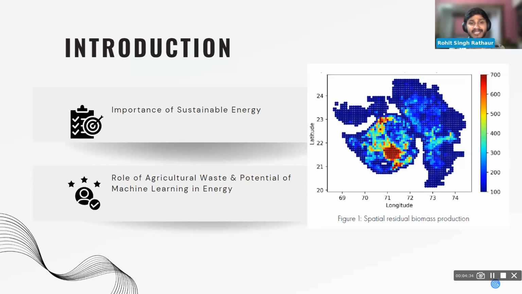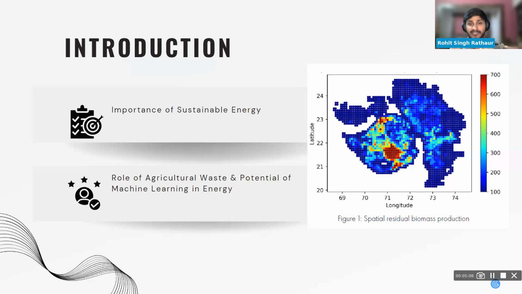Now, while the concept of converting agricultural waste to energy is not new, optimizing this process is where the challenge always lies. And this is where the magic of machine learning comes in. Using machine learning, specifically its predictive analytics capabilities, it can revolutionize how we forecast, how we collect and how we convert this waste into energy.